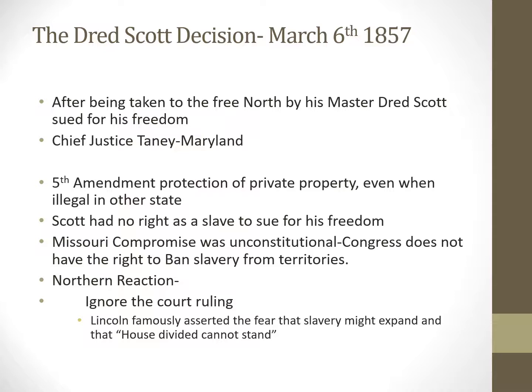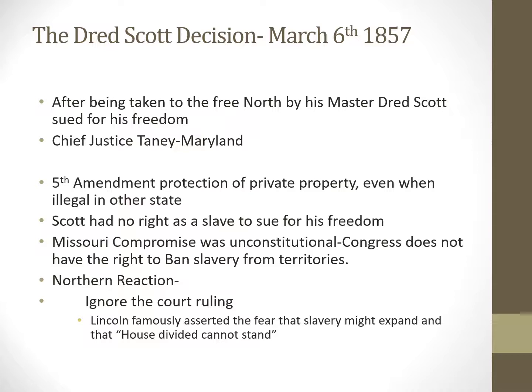However, the Dred Scott case goes up to the Supreme Court of the country, and it becomes a case that Roger B. Taney, a conservative Chief Justice from Maryland, wants to use to make the decision that characterizes the court's position on the constitutionality of major issues in the country at the time.